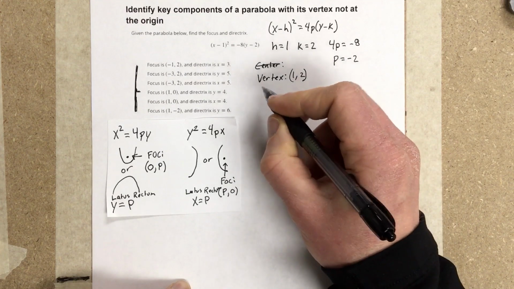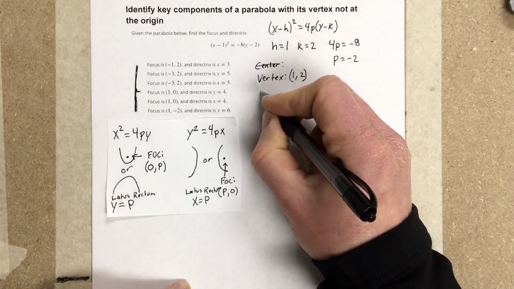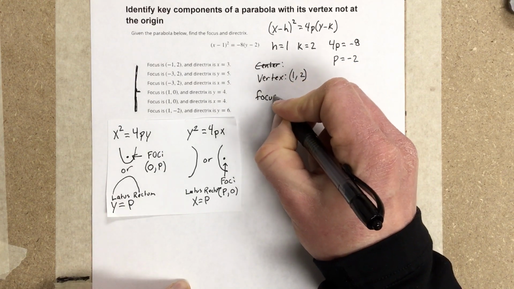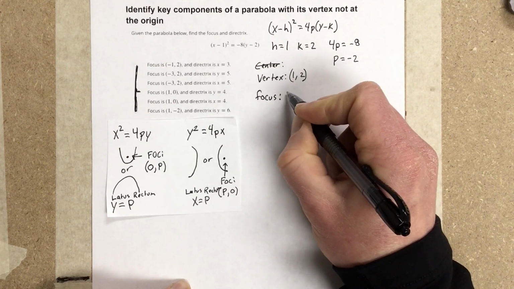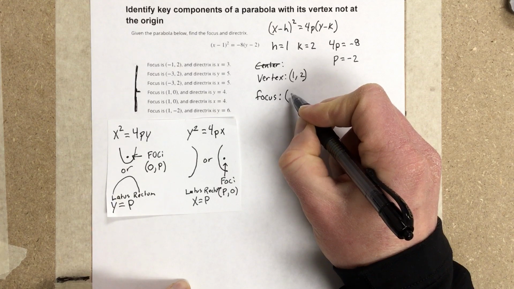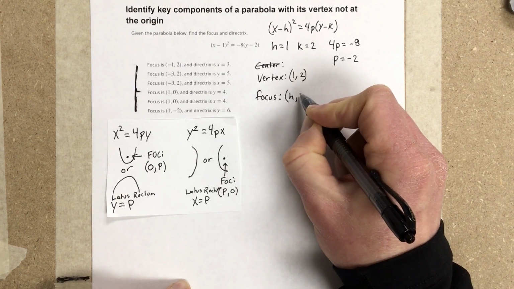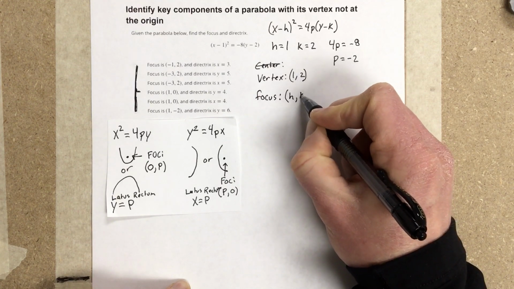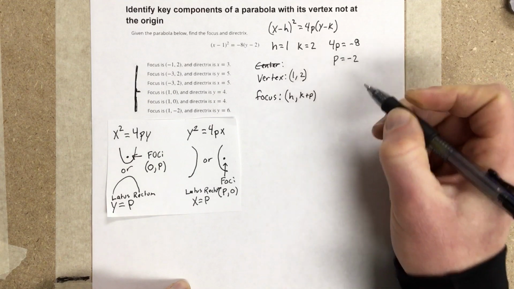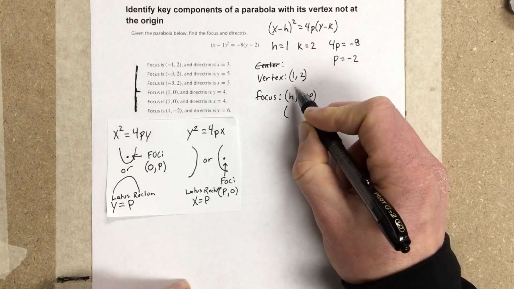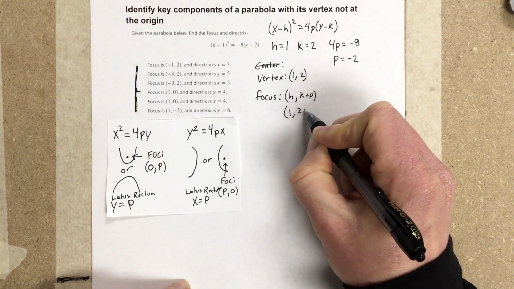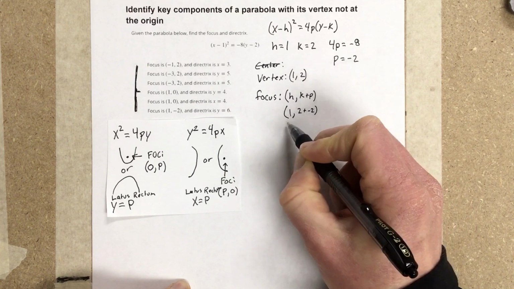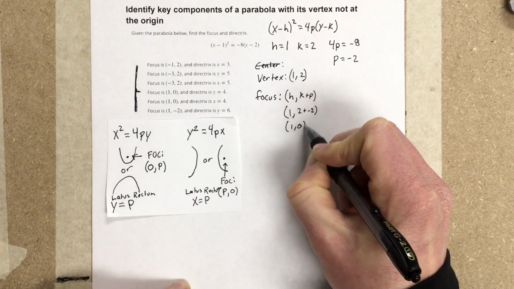In general, the focus is (h, k + p). So I end up with h, which is 1, comma, 2 plus negative 2. So I end up with (1, 0) for the focus.